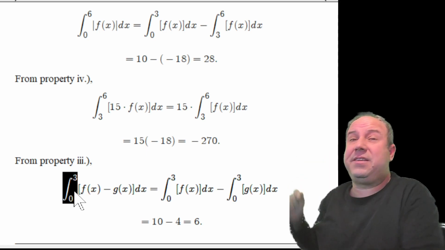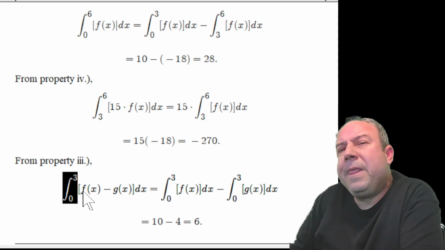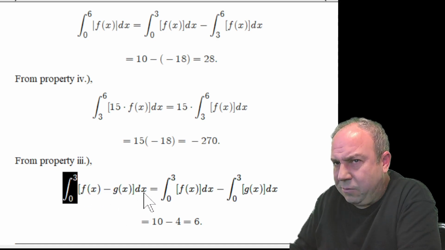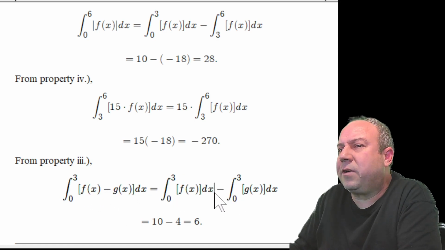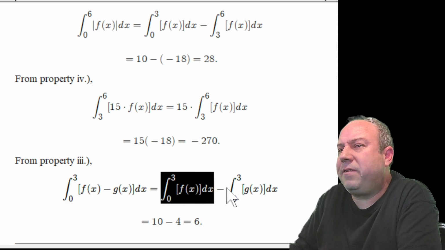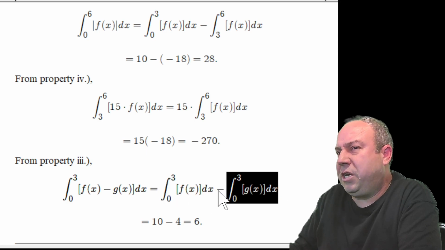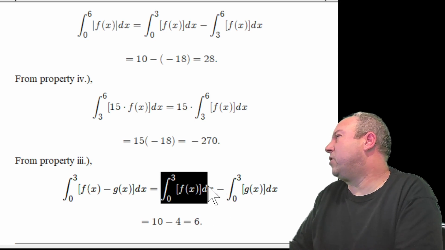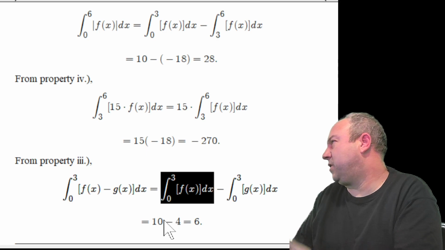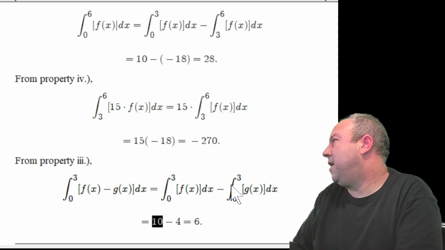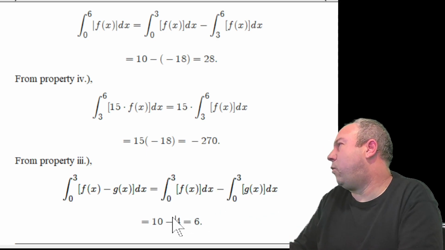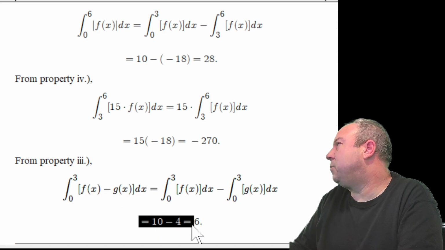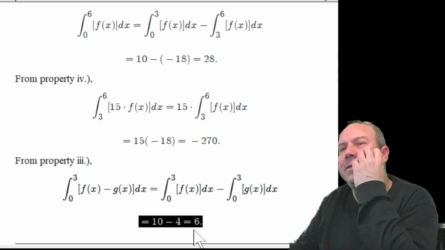But if I want to find the definite integral from 0 to 3 of the difference between f and g, that definite integral operator will distribute itself across that difference, to the function f of x and to the function g of x. Now above we were told this integral was equivalent to 10, and this integral was equivalent to 4. So the integral across that difference is going to be 10 minus 4, or equal to 6 in value.